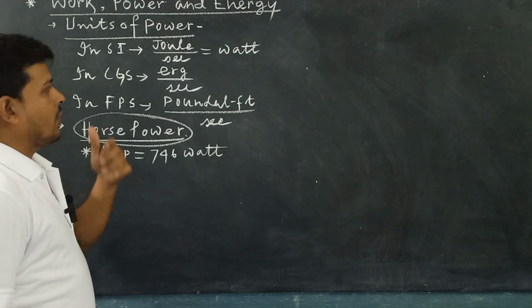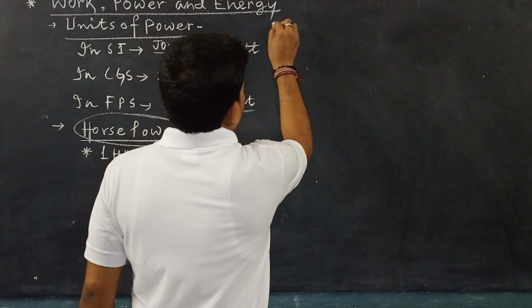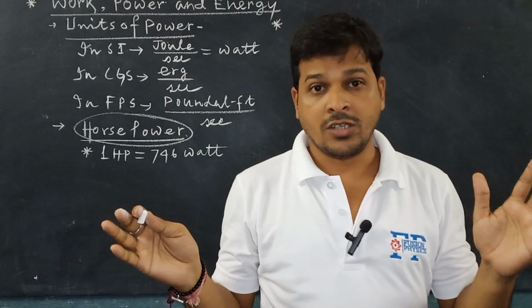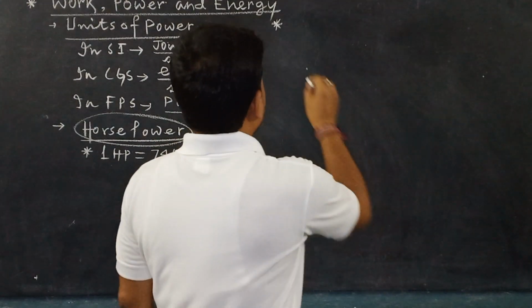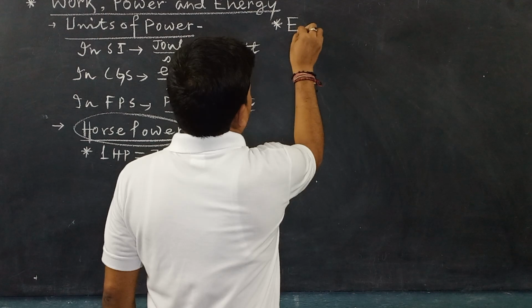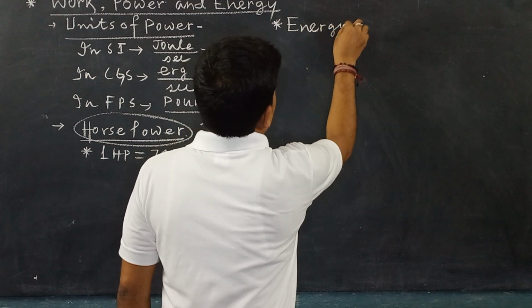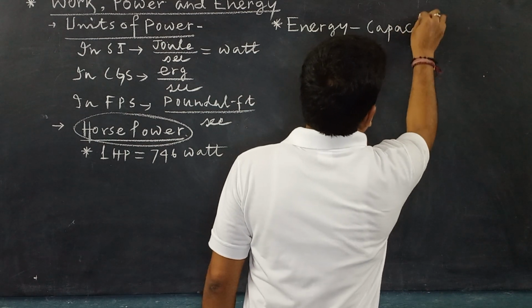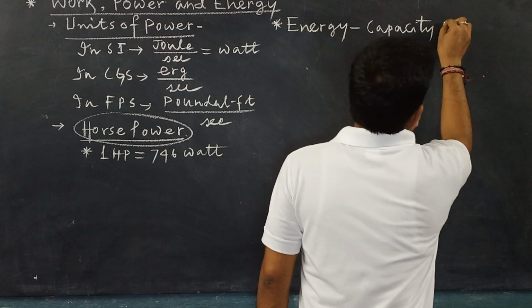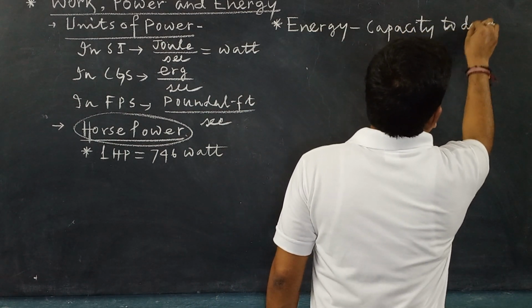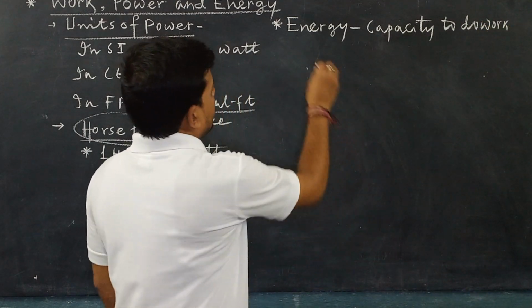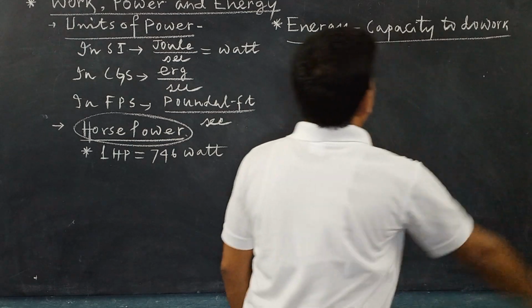Now another part: how can we get the different forms of energy. What is energy? Energy is the capacity or ability to do work. This energy may be of different forms.